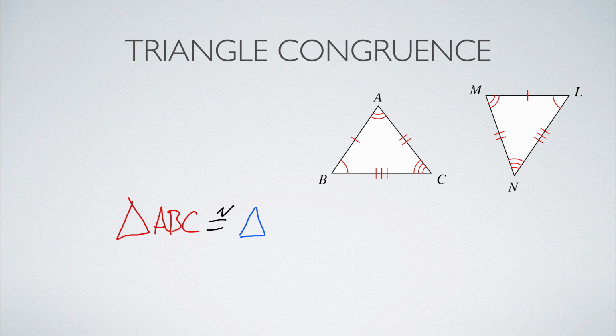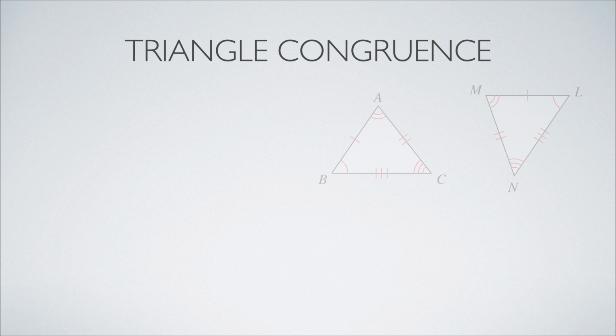So I'd be saying A is congruent to M. Then B has one arc mark, which is the same as L. So L, and then N would be our third one, because they both have 3. Just to confirm, AB is the 1 hash mark. ML is also the 1 hash mark. So yes, everything is working out just right.